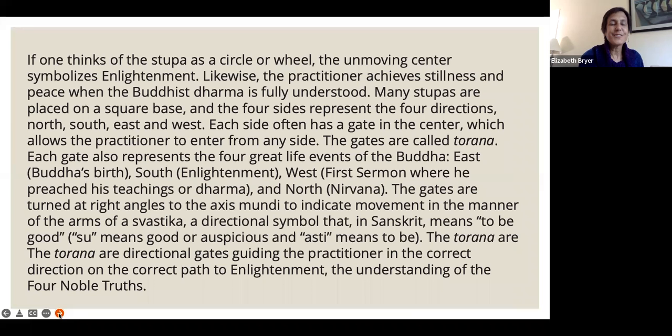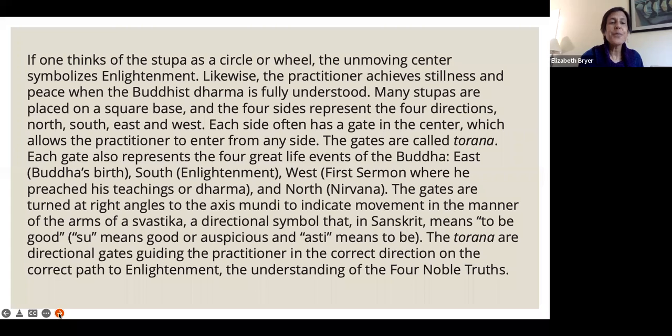More 4s and circles. I'm not going to read this whole thing, but the idea is that basically a stupa is like a wheel or a circle. The unmoving center symbolizes enlightenment. The practitioner achieves stillness and peace when the Buddhist Dharma is fully understood. A lot of stupas are square, and the 4 sides represent the 4 directions: north, south, east, and west.